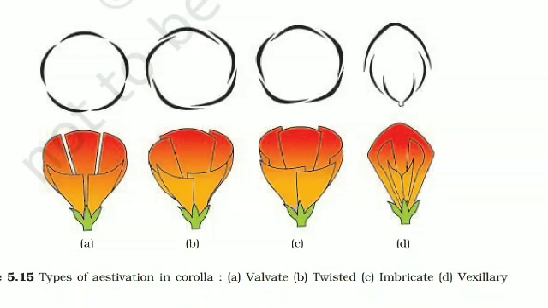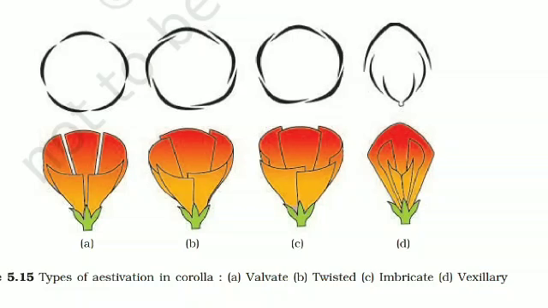Now in the twisted, one margin of the sepals or petals overlaps that of the next one, and so on. You are seeing that one margin is overlapping the other, and the other is overlapping the next one's margin. In this way it is going on. This is very common in China rose. As I told you again and again, I am giving the example of China rose, and I hope the flower is with you now.